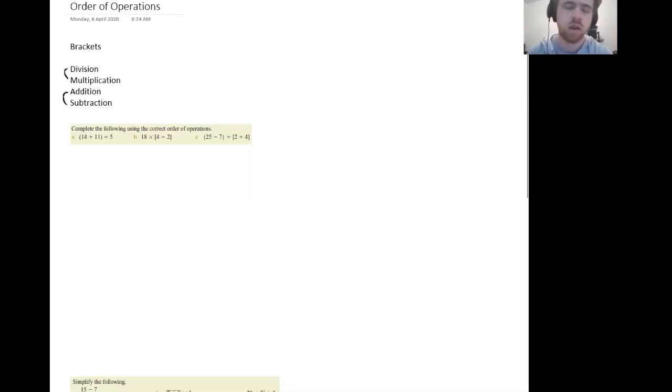The next one was division or multiplication, and you would go left to right in case there were multiple instances of that. And then after you've done that, you would do any addition or subtraction going from left to right. Okay, so that's what we did at the start of the year.